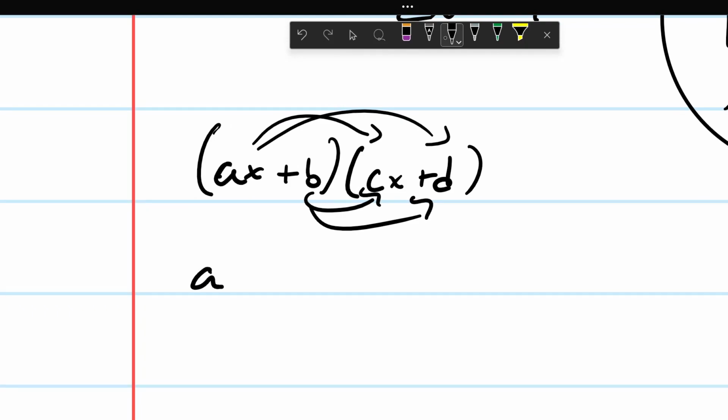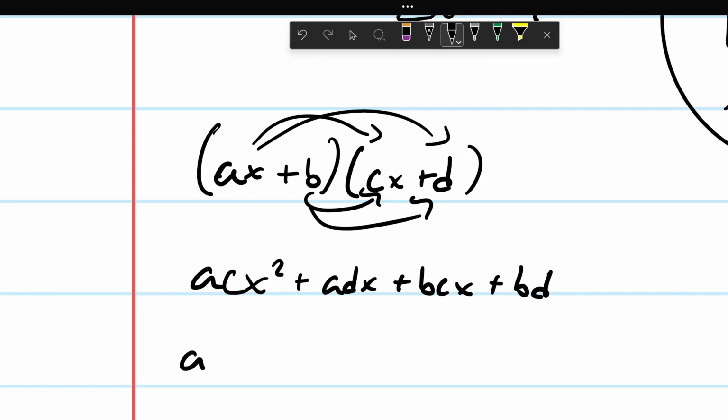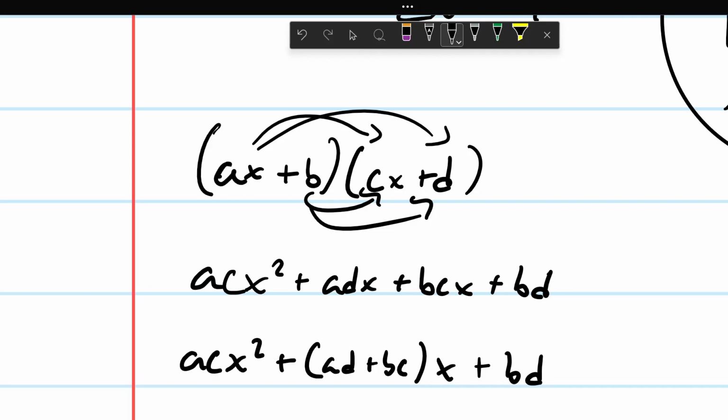We get ACx squared plus ADx plus BCx plus BD. So we have ACx squared plus AD plus BC x plus BD.